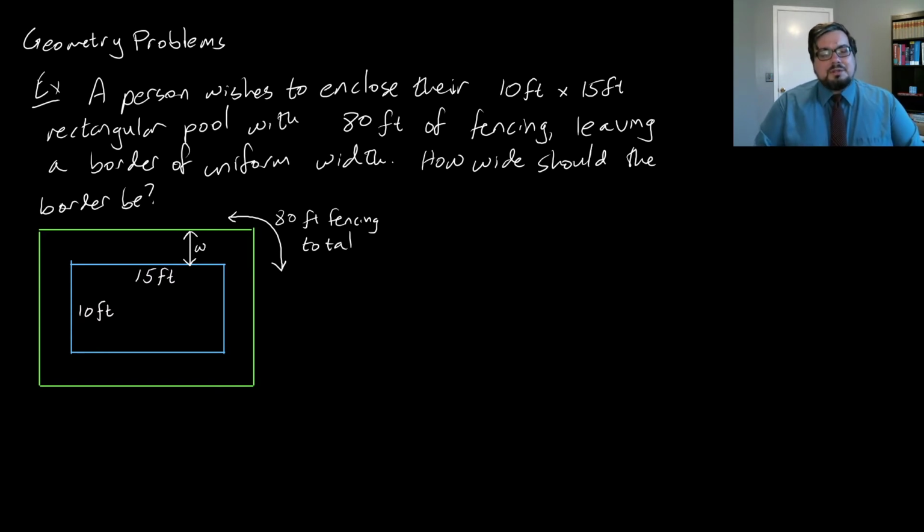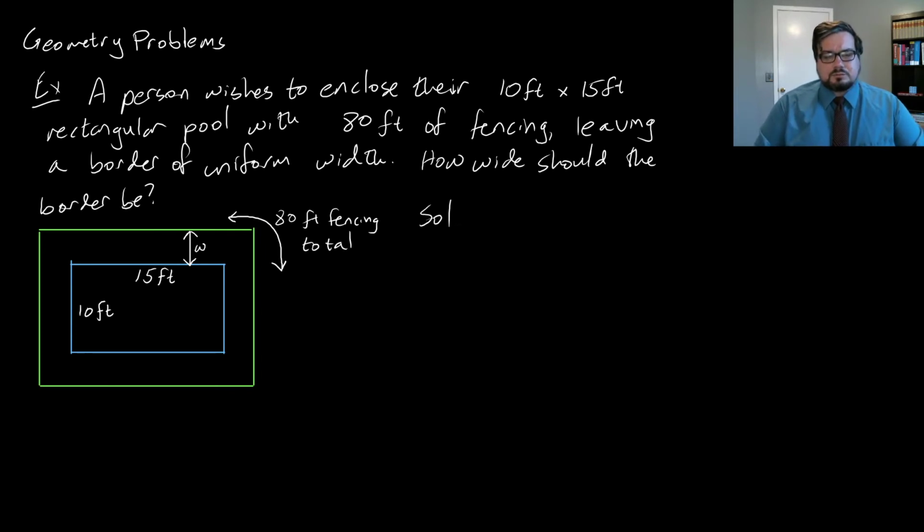Now I've labeled a quantity here with my variable W, but that's not all I want to do. You still want to write down in words what each one of your variables means, so that when you go back at the end of the day, you'll be able to interpret it perfectly precisely.